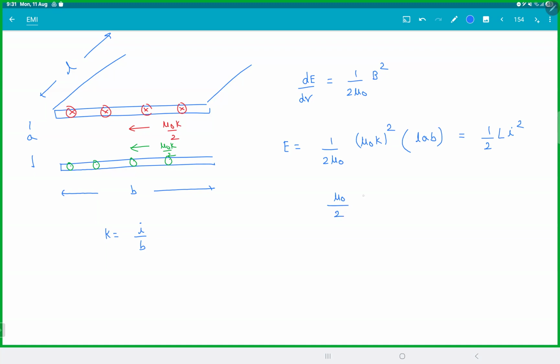This will be mu naught by 2, K will be I square by B square, LAB. I square cancels, 2 will cancel. We'll get L is equal to mu naught A by B. There, that's your answer.